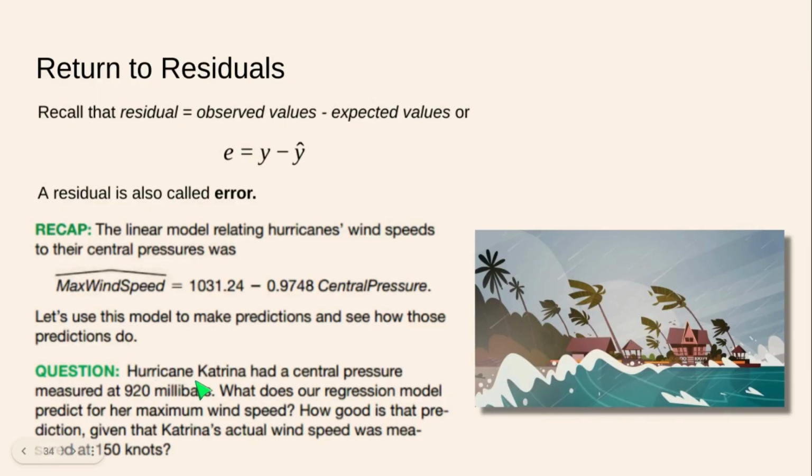Question: Hurricane Katrina had a central pressure measured at 920 millibars. I guess that's a unit of pressure. What does our regression model predict for her maximum wind speed? How good is that prediction, given that Katrina's actual wind speed was measured at 150 knots?